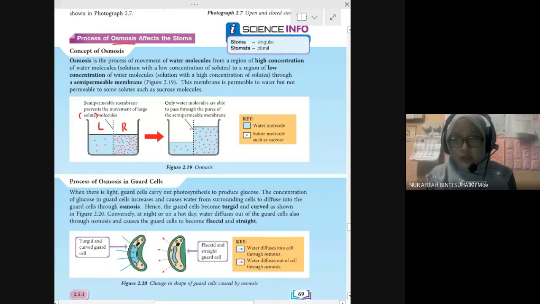Let's say this right region has more carbon dioxide and this one less. After the osmosis process, the carbon dioxide will move through the pore and become the same level, even though the volume is not the same.